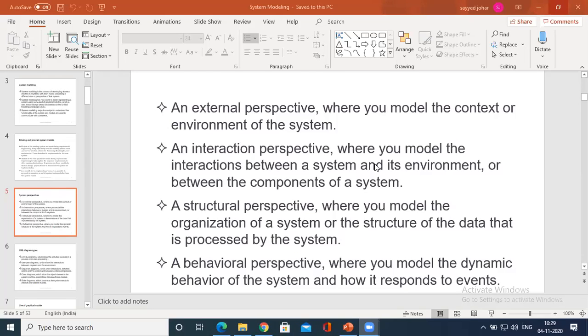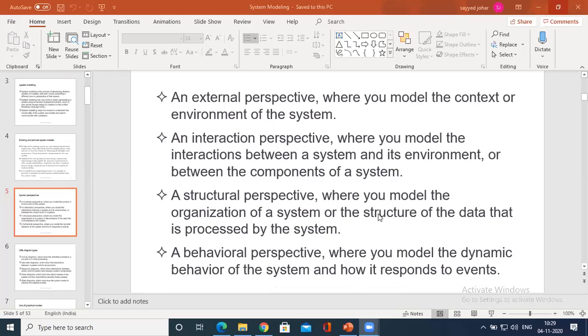All these things are taken into consideration in the interaction perspective. And what is structural perspective? In the structural perspective, you model the organization of a system, right? You focus on the total organization of a system, or the structure of the data that is processed by the system.